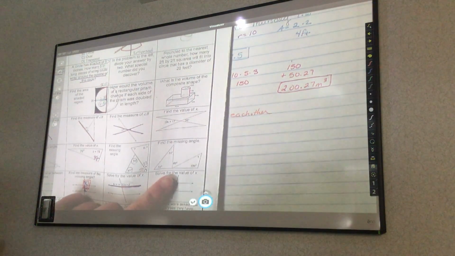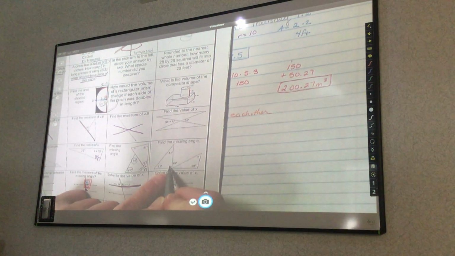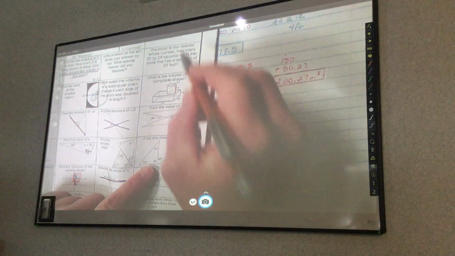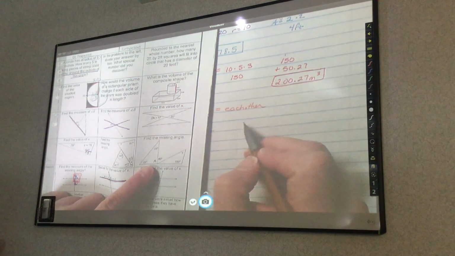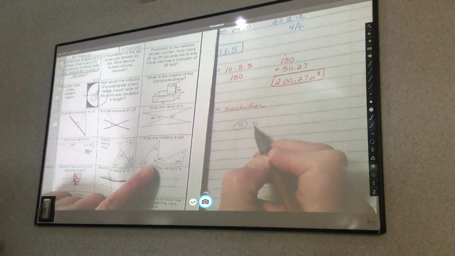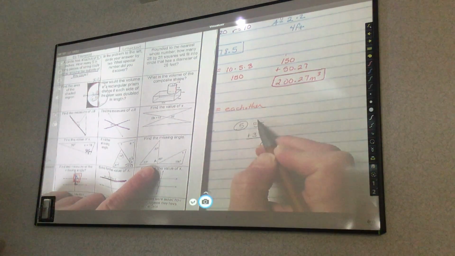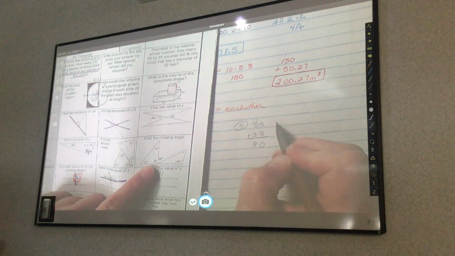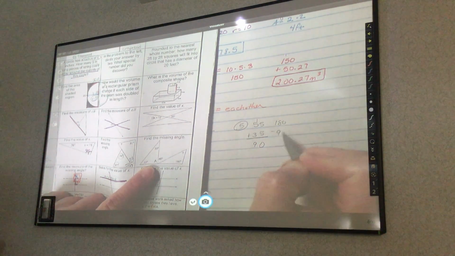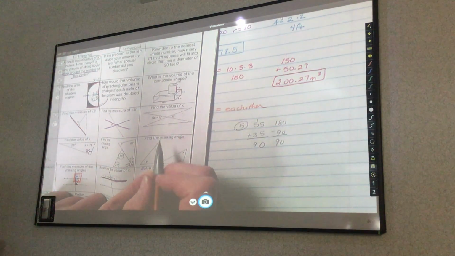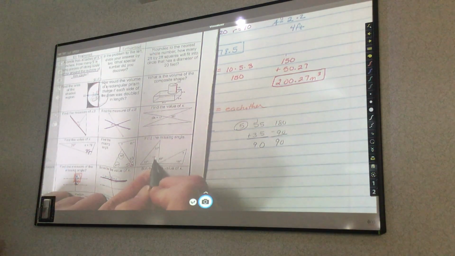Finding the missing angle. I need to find this angle first. So we'll call that angle A. So I know 55 plus 35 is 90. So then I take 180 minus 90, that is 90. So this angle measurement right here is 90.